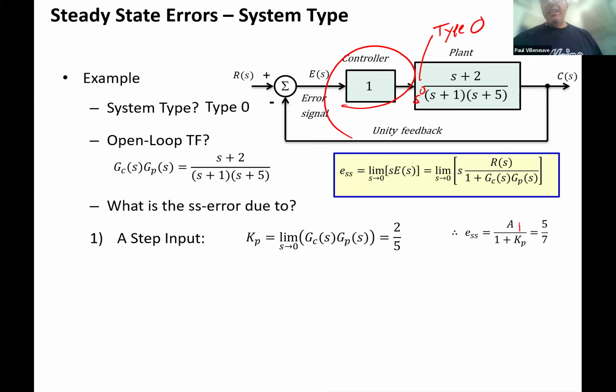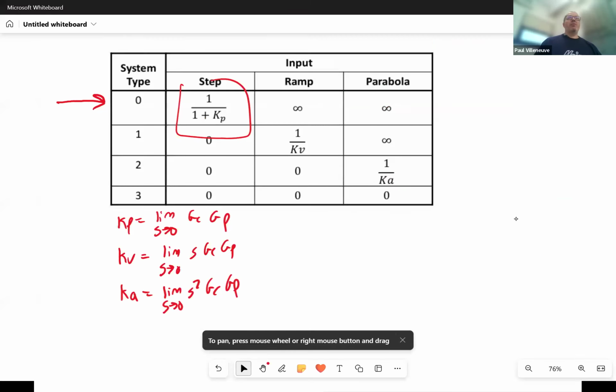And we'll just say that this has a magnitude of 1. Plug that in, and we end up with 5 over 7. That's our steady state error. Okay? For parabolic and ramp, I don't need to do any work because I already know that those are both going to be infinity, right? So there is no work that needs to be done.